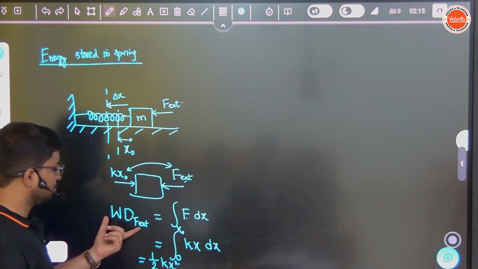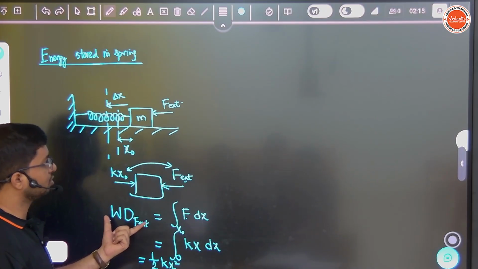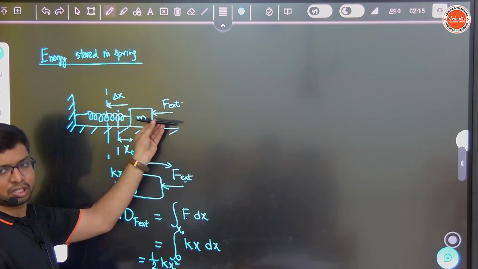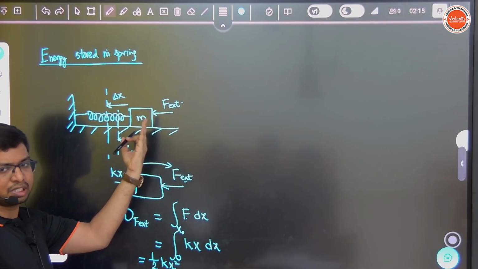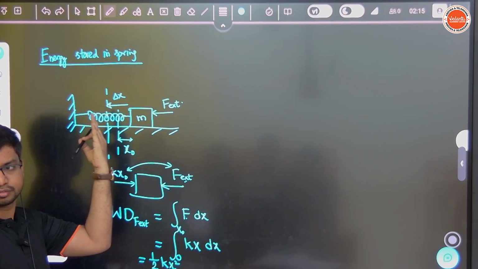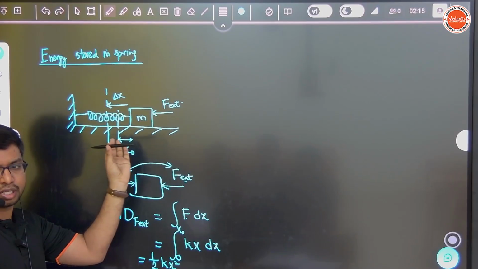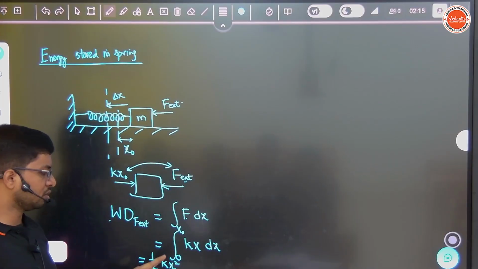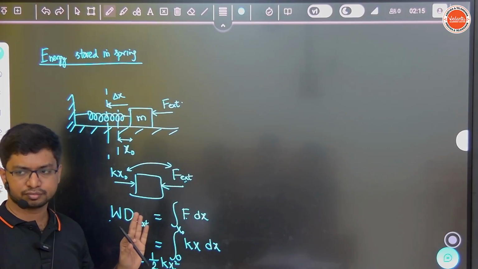So the work done by this external force: force is acting on the body and displacement is also in the direction of the force. So we get work done as positive, right?